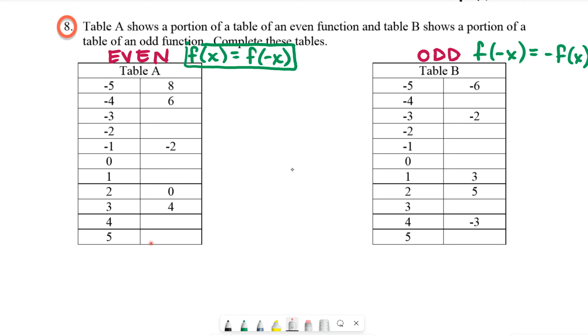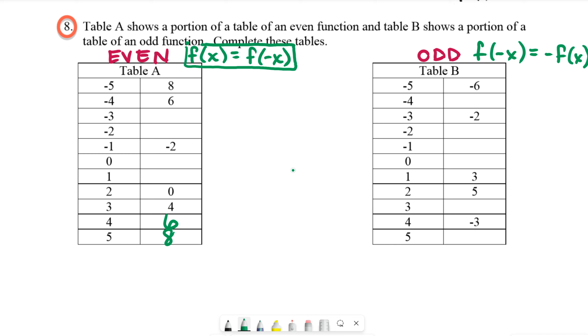You're the same. So if negative 5 had an output value of 8, that means 5 also has to have an output value of 8. We keep on with that repetition. Well, negative 4 is going to give us an output value of 6. So the opposite of negative 4 is 4. 4 also has to generate a value of 6 if it's an even function.